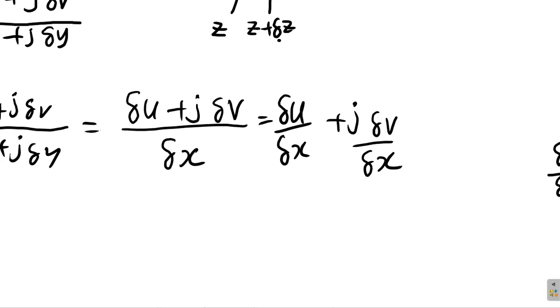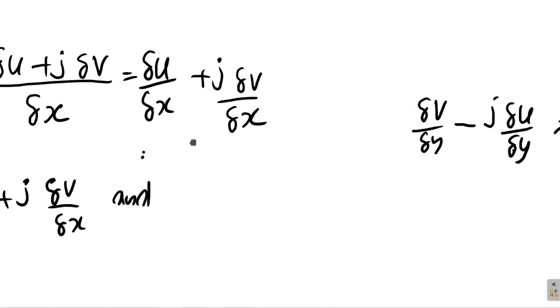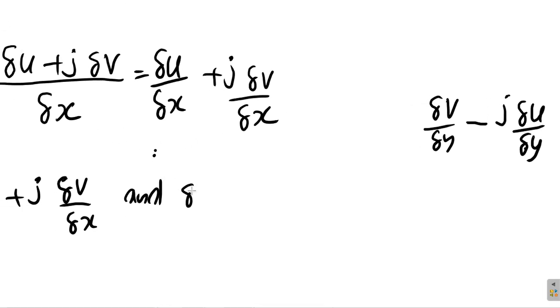Del u by del x plus j del v by del x. Now, if both del u by del x plus j del v by del x and the other thing we have here, del v by del y minus j del u by del y.